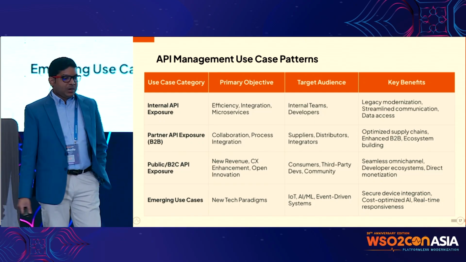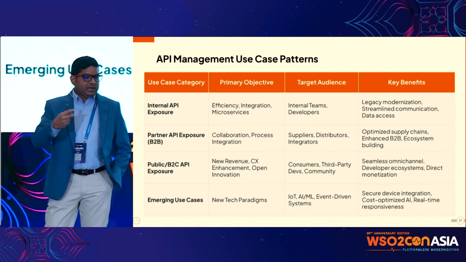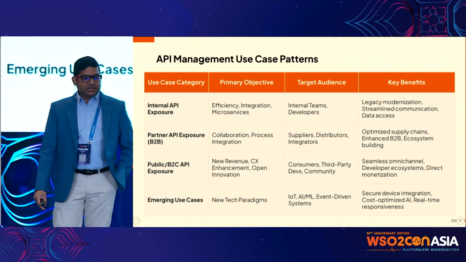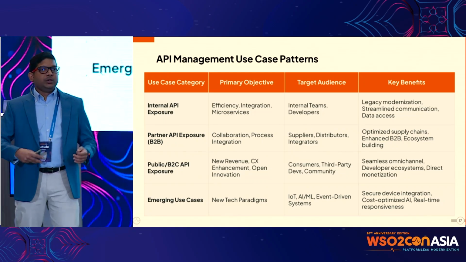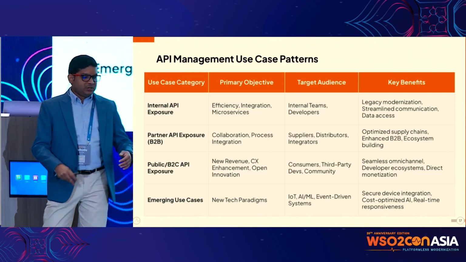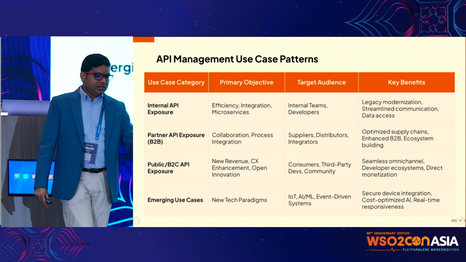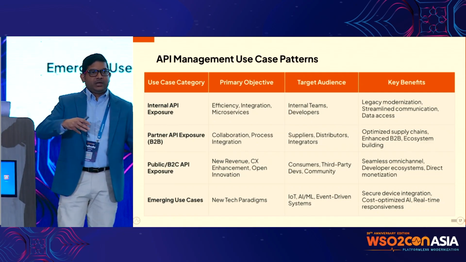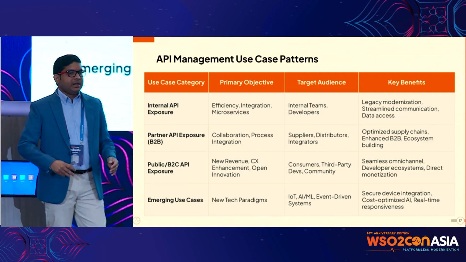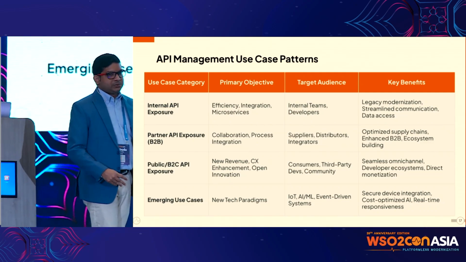The third one is the B2C API scenario, where you can expose your APIs to other third-party consumers. It can be your community. The main target here is to monetize your APIs and have revenue aspects.